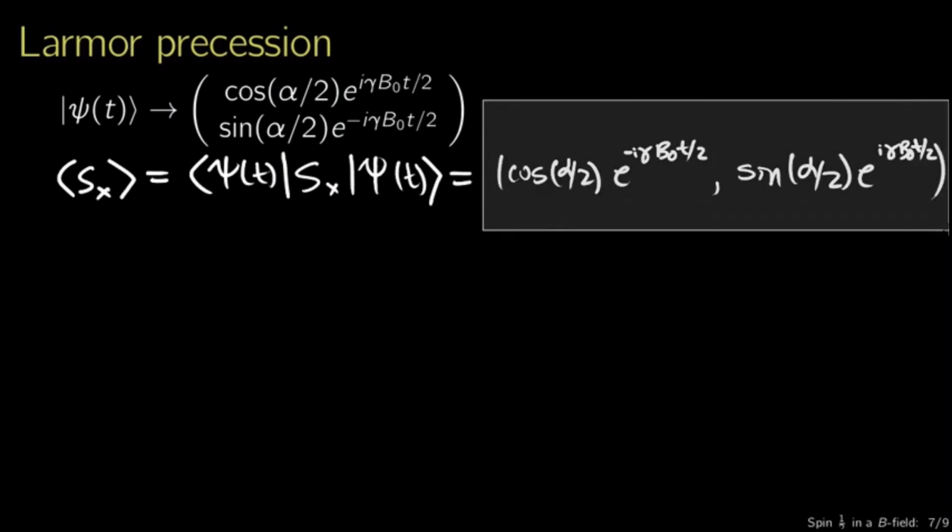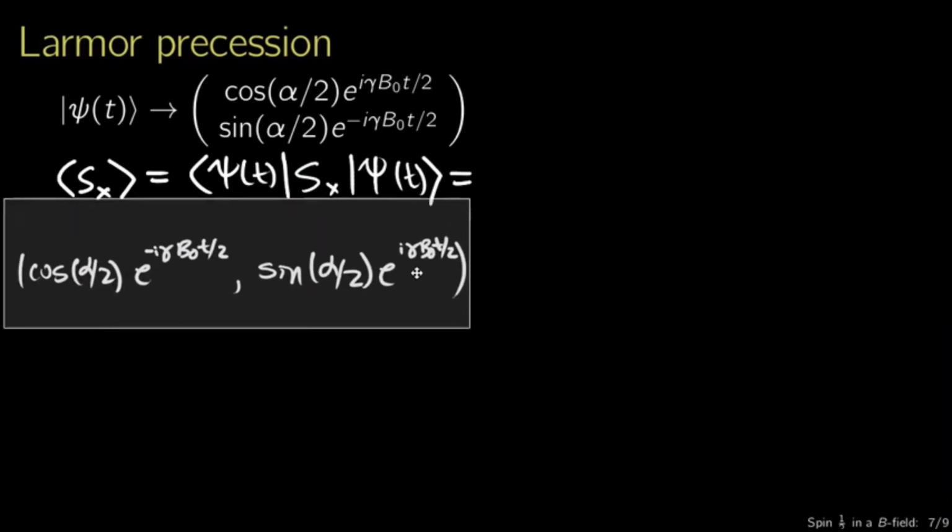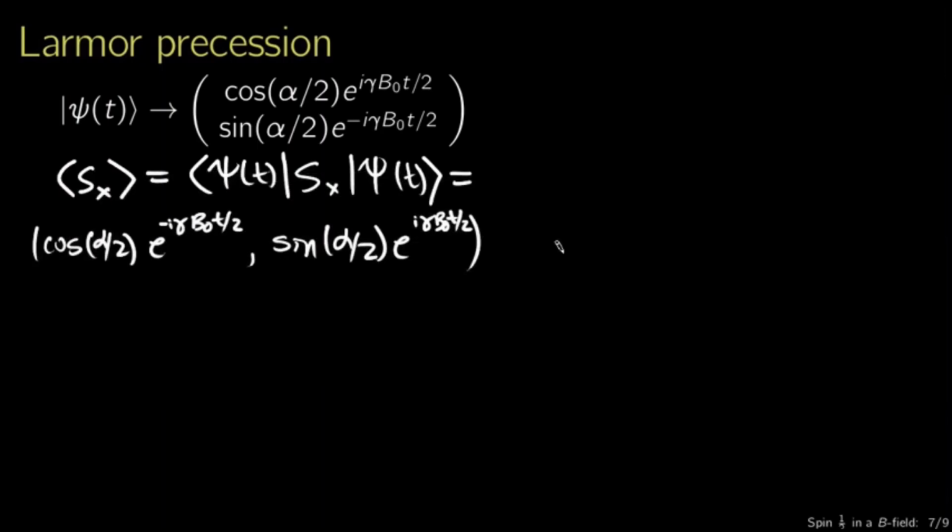Since this is an expression for the complex conjugate of this vector, I have to change the signs in the exponents associated with the imaginary parts, which is why I've got a minus sign associated with my cosine term, whereas here I had a plus. Now we're evaluating an expression, the Hermitian conjugate of psi of t, on the left of the S sub x operator, to the left of psi of t.